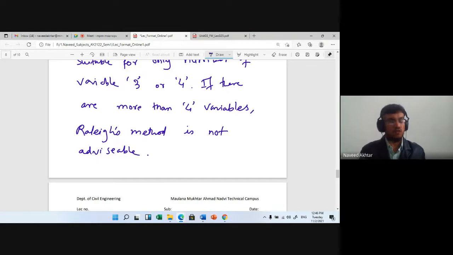You cannot go for this method. And if the number of variables is more than 4 or 5, we will go for the Buckingham pi theorem. What is the Buckingham pi theorem?